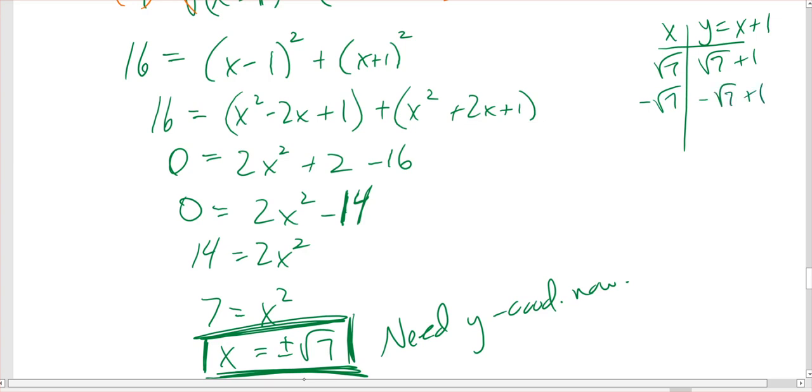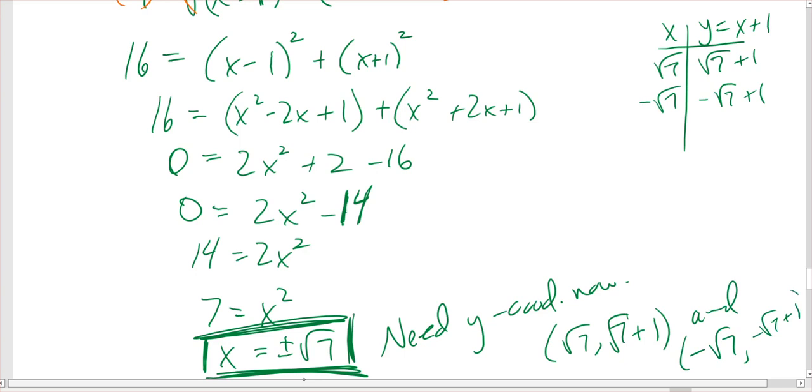We just put whatever x value is here and plop it in there for y. And there we go. We've got our ordered pairs: square root of 7, comma, square root of 7 plus 1, and we've also got negative square root of 7, comma, negative square root of 7 plus 1. And we have our ordered pairs, and we can go on our happy way.